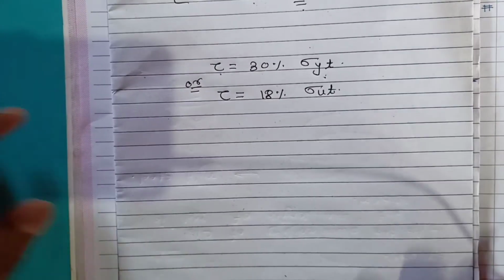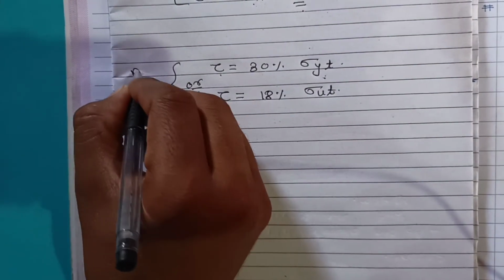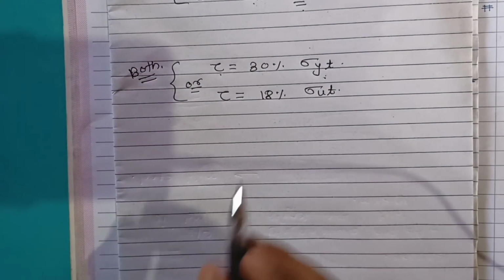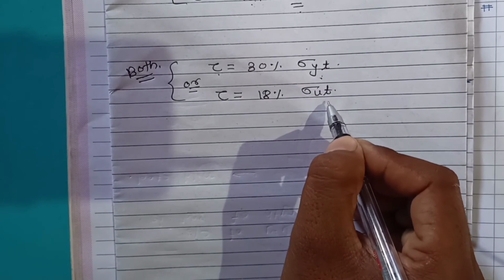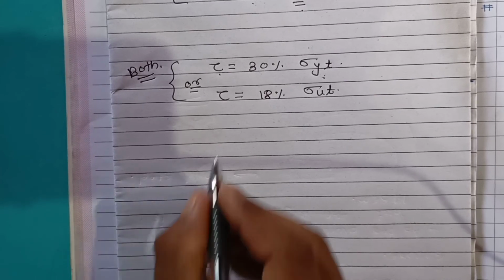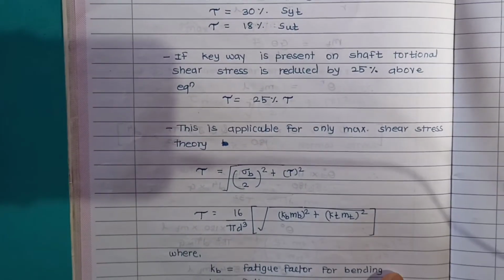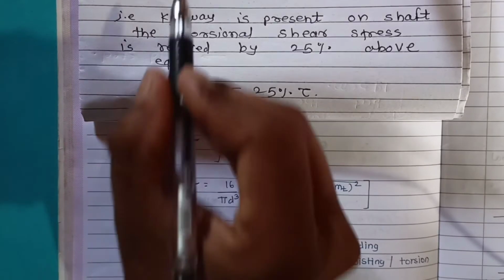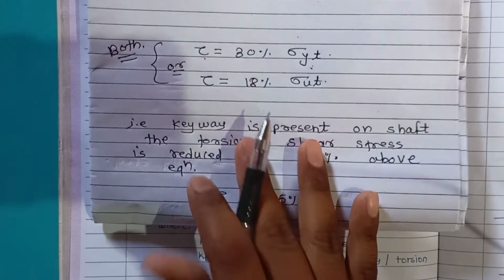Now see here, if both values, sigma yt and sigma ut, are given in the problem, which value do we have to take?